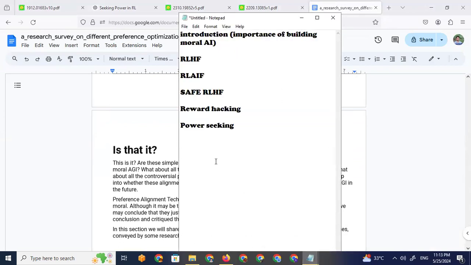So again, we'll put DPO, counterfactual DPO, contrastive DPO, and also other techniques, right? I do remember some other techniques that might also be pretty interesting to put in there.